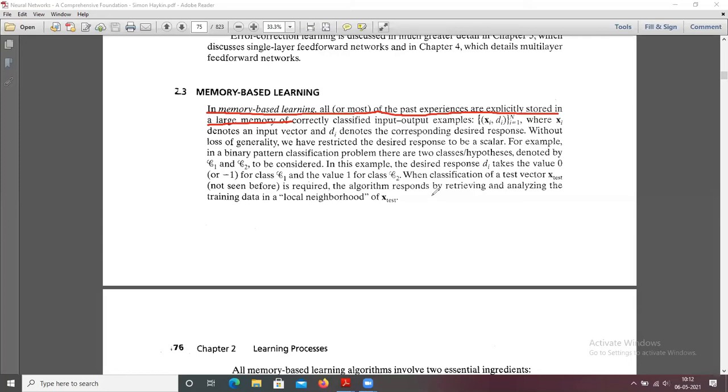How does our brain recollect information? In a similar way, memory based learning tries to mimic it. Let us take an example. Suppose you are going to write an exam and you encounter a question similar to one you encountered during learning. For example, you learned 5 plus 3.